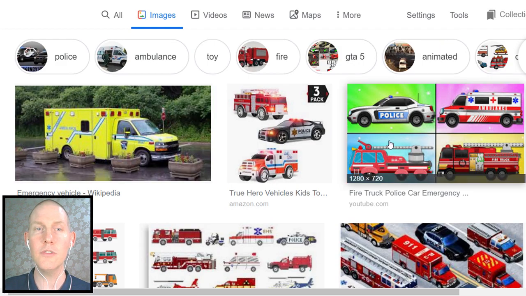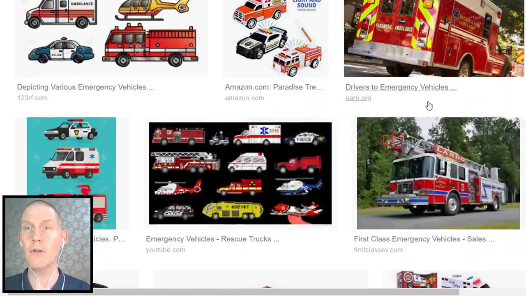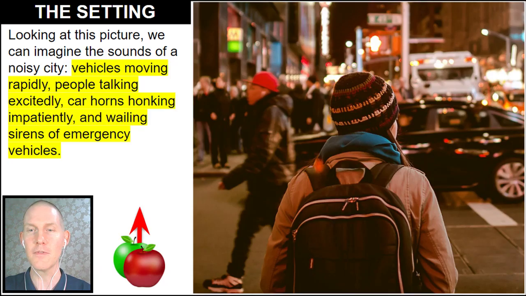So those are emergency vehicles, and they come when there are accidents or when people are hurt, something like that. And in a big city like New York, there's so many people, right? So it's common to hear sirens a lot, especially at night when people are coming home and people are interacting with each other and things are happening. All right.